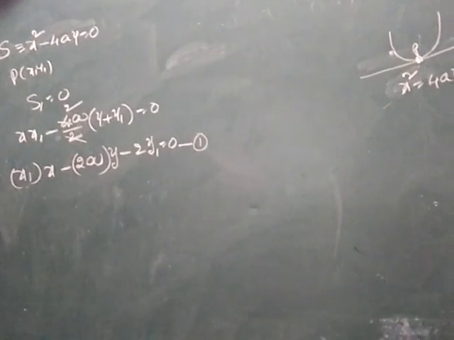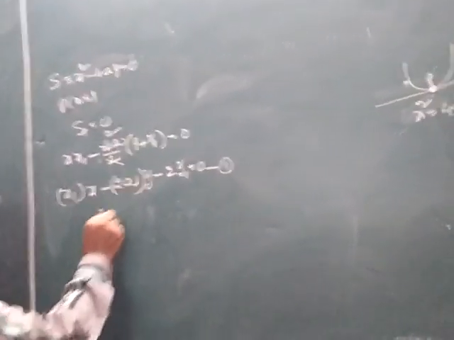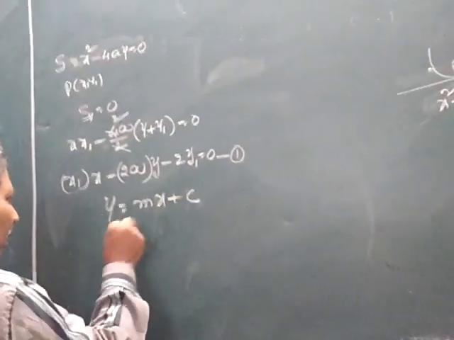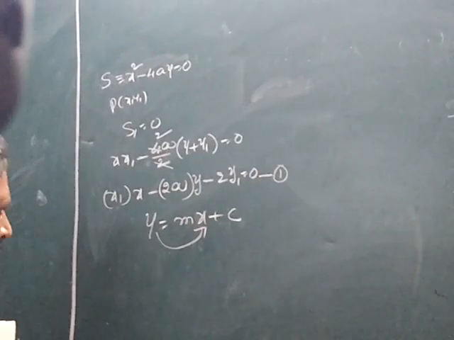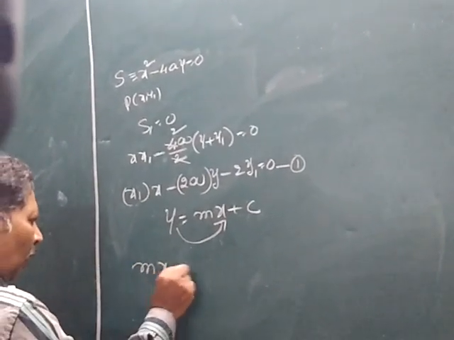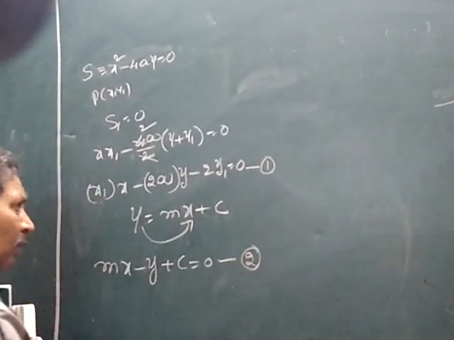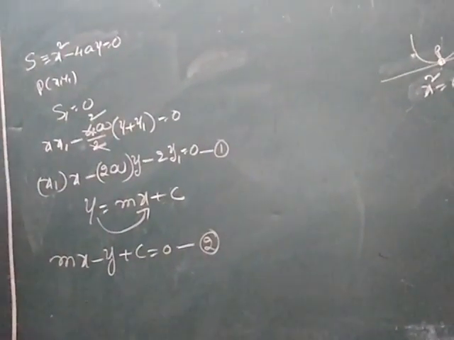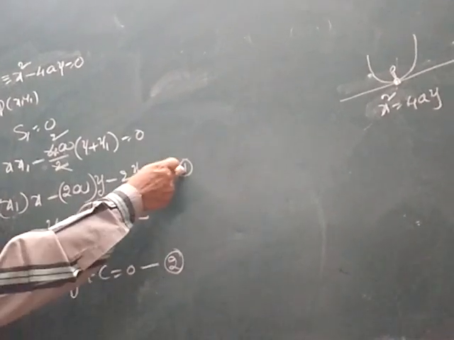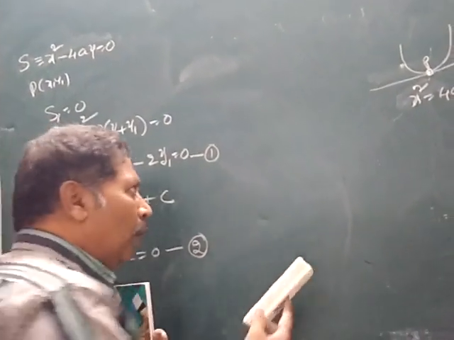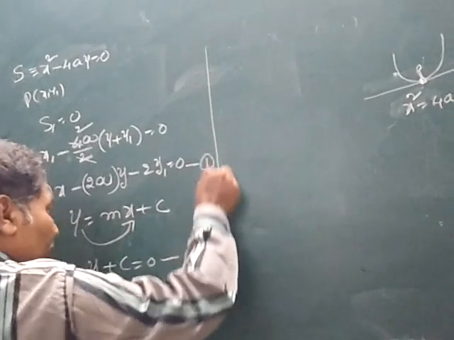Next, given tangent line is y equal to mx plus c, that is mx minus y plus c equal to 0. Next, 1 and 2 represent the same line.